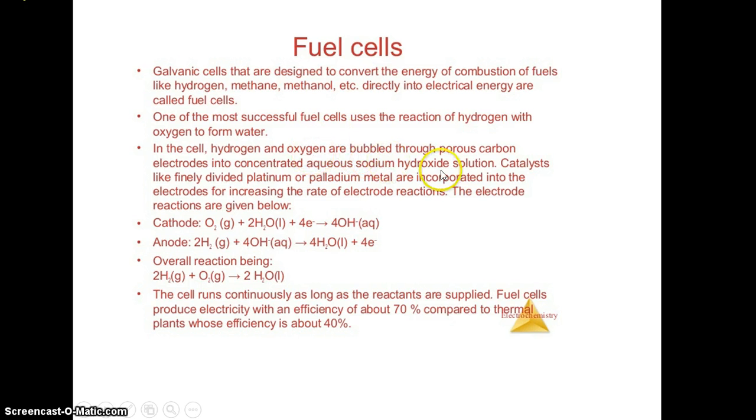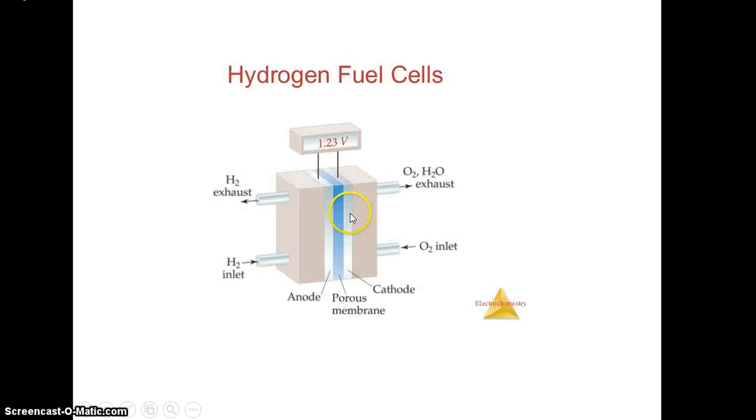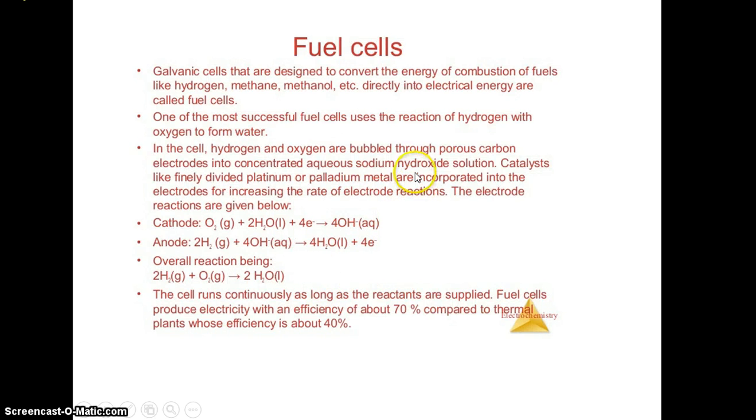In this cell hydrogen is taken as anode and oxygen as cathode, and the electrolyte is a solution of sodium hydroxide. At the cathode, oxygen reacts with water to form hydroxide ion. At the anode, hydrogen reacts with the hydroxide ion to form water. The overall reaction is 2H2 plus O2 giving 2H2O.